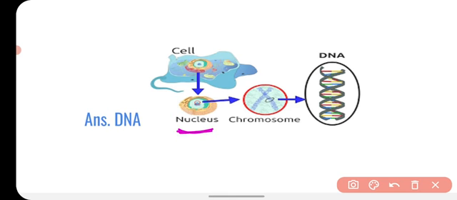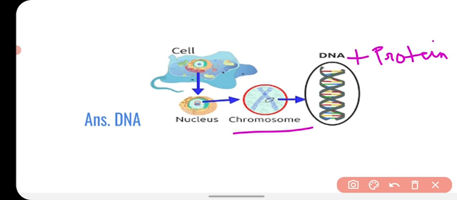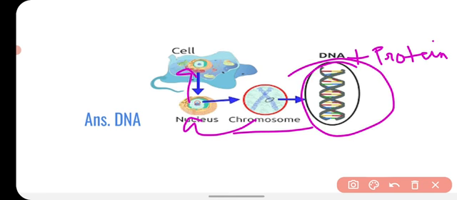DNA and protein together make the chromosome, and that chromosome is present in the nucleus of the cell. So this DNA is responsible to pass the characteristics of the parent cell to the new cell.